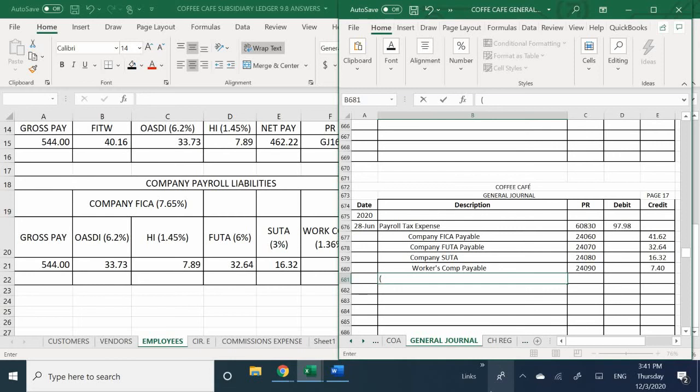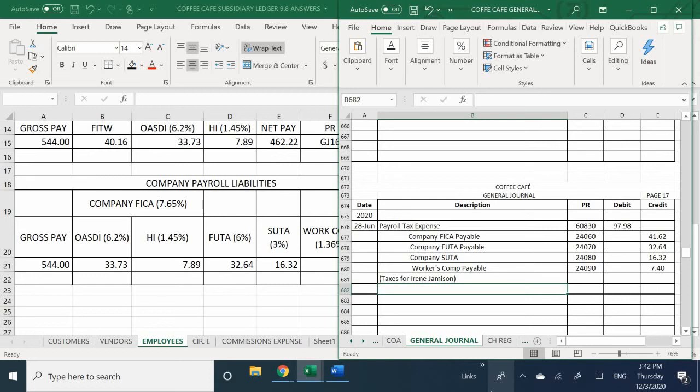Each person that you have to do for your employees needs a separate one, because each individual can have a different amount of withholding. So nothing's going to look the same. Okay, taxes for Irene Jameson. Got it.